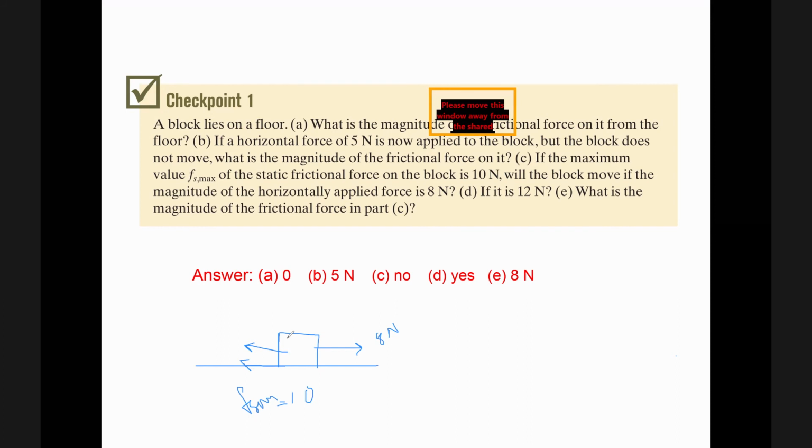But if the cap is 10 and I apply 10.0001, it will move and becomes kinetic. If you apply the same force as the cap, it will still be static frictional force, exactly the cap, the Fs maximum. If you apply anywhere beyond this cap, it will slide and becomes kinetic frictional force.